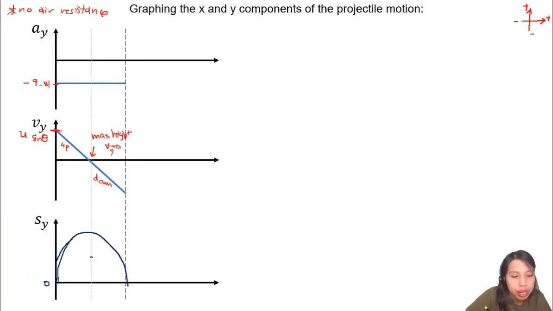To label this graph a little bit, here is your max height, which we can also just call h. There's no particular formula for h. Okay, so that's it. This looks exactly like your vertical drop or vertical throw up of a tennis ball, because you're just looking at the vertical only.